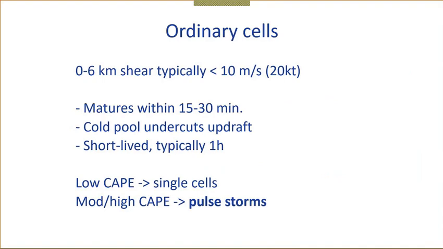If we look at the ordinary cell or single cells, I showed you that with very little vertical wind shear, you only have a relatively small duration cell, which typically ends after, let's say, half an hour or 45 minutes. What is very characteristic is that in the environment you normally have low CAPE values. When you do have high CAPE values, you again end up with single cells, but then those cells have stronger vertical motion, so we also call that pulse storms.